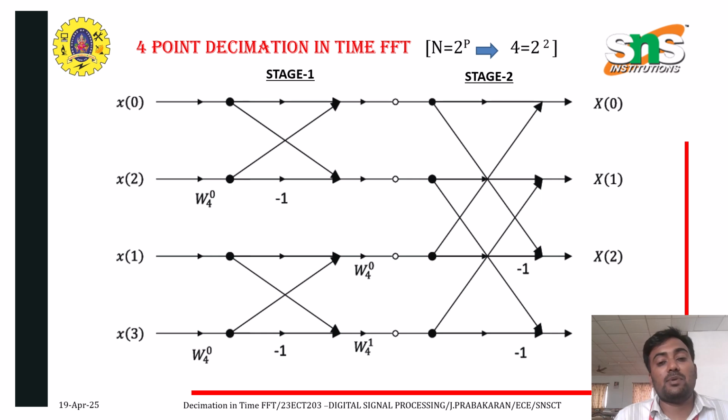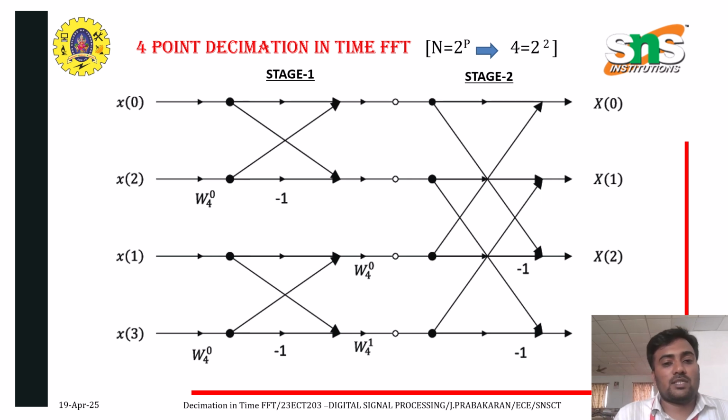Capital N is the number of samples, and p is the number of stages to be calculated. Capital N equals 4, which is equal to 2 power 2. The number of stages is 2: stage 1 and stage 2.